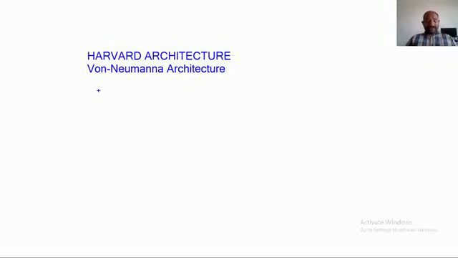Here, I'm assuming that this is a microprocessor. That may be the DSP processor, or that may be the normal 8086 microprocessor. That may be the microcontroller also.